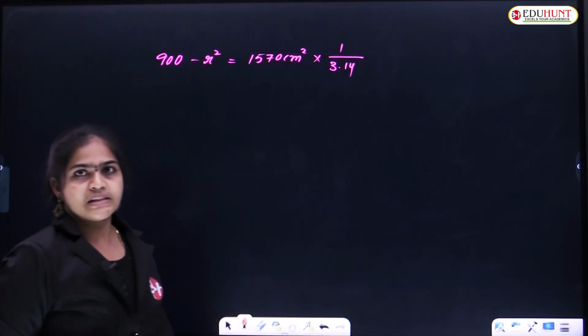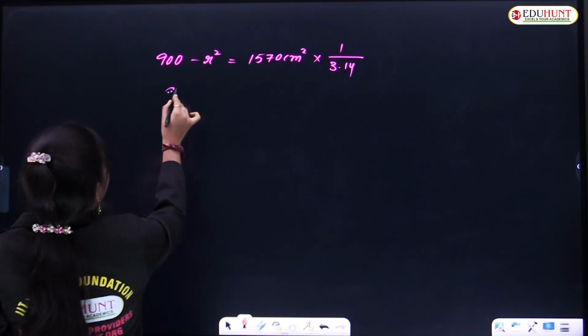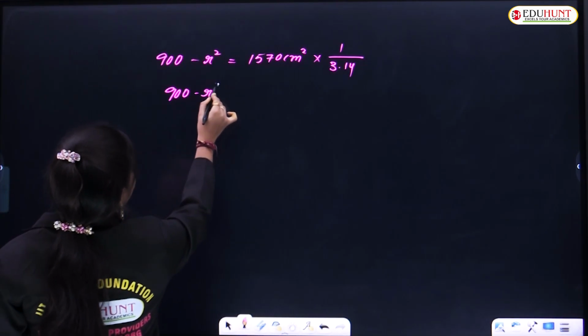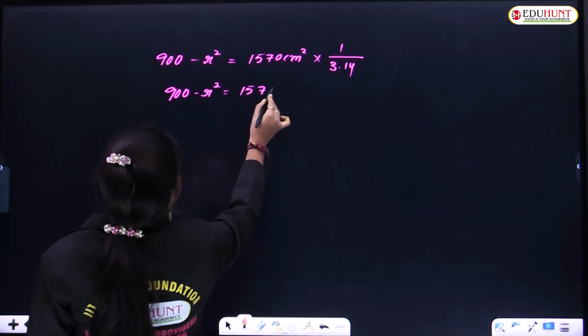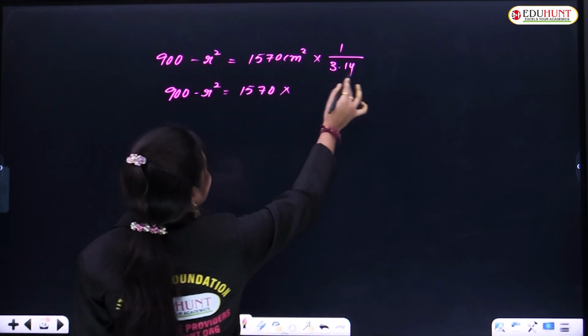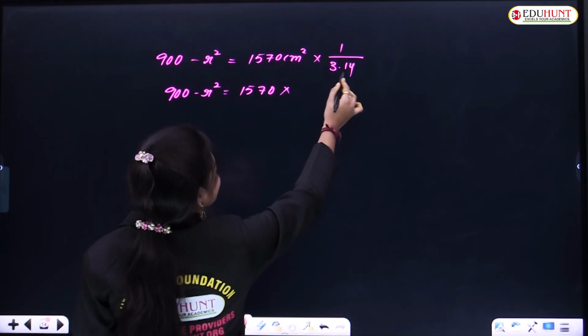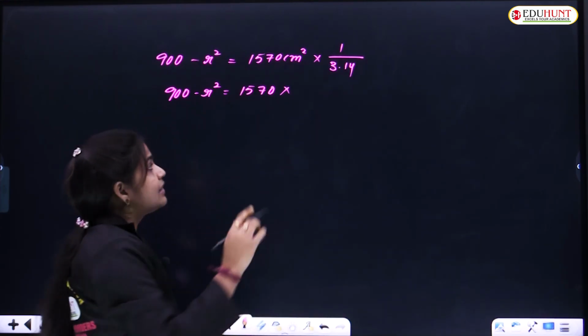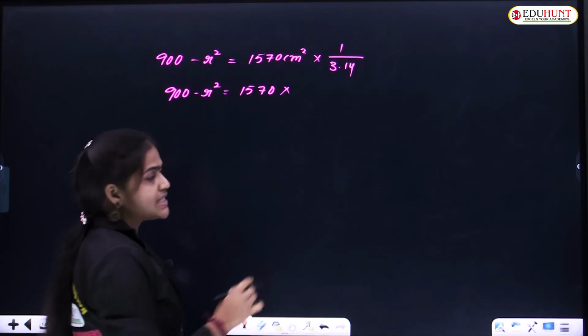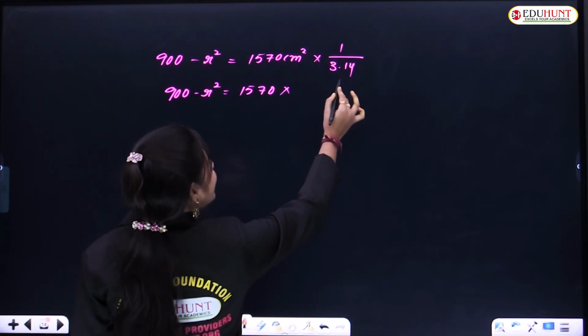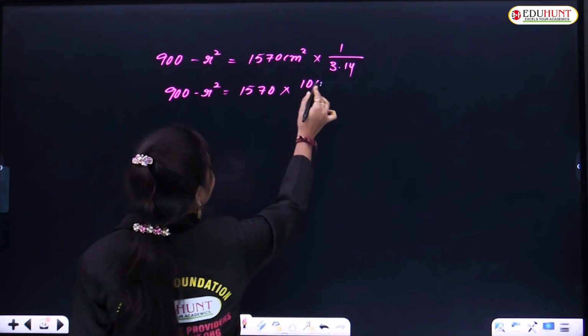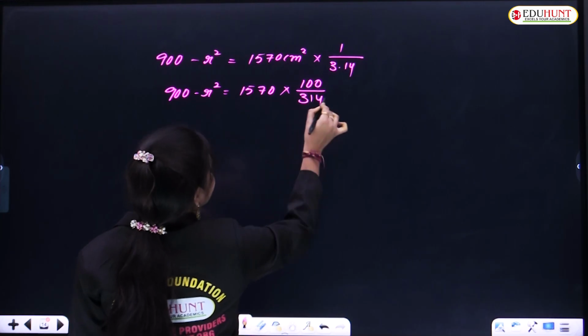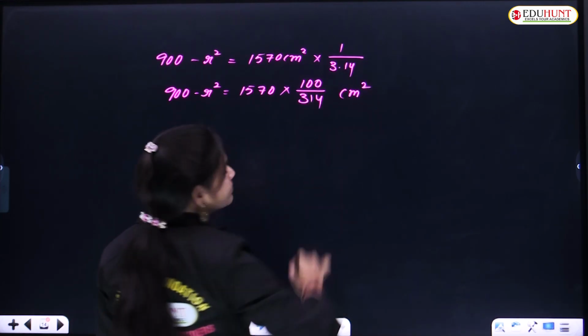Since the point is after 2 digits, 3.14 becomes 314 by 100, so that becomes 100 by 314 centimeter square.